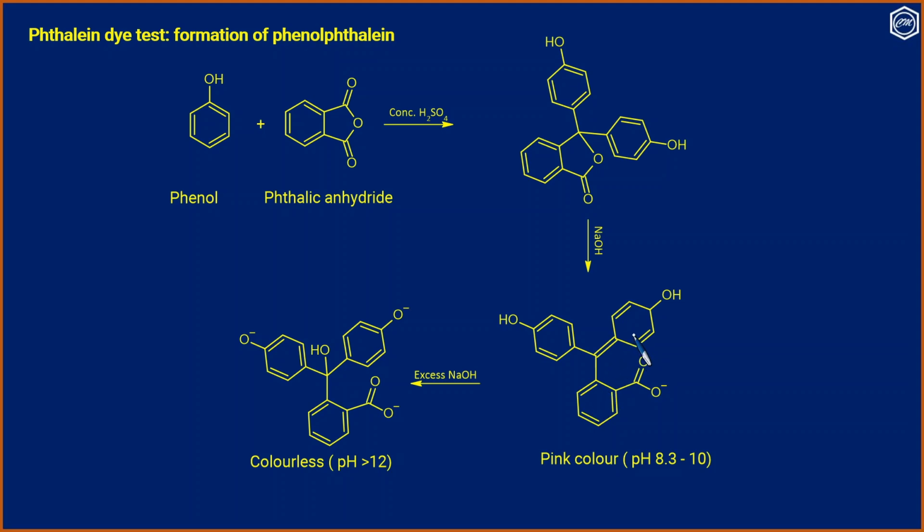And this is the phenolphthalein in alkaline medium. And this compound shows pink color, and the pH range will be 8.3 to 10. If you use excess of sodium hydroxide, it becomes colorless because phenolphthalein becomes colorless if the pH is greater than 12.